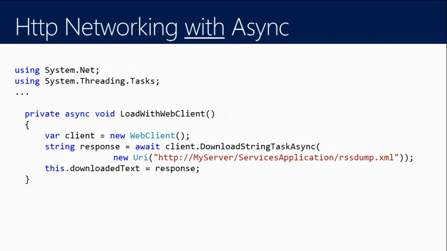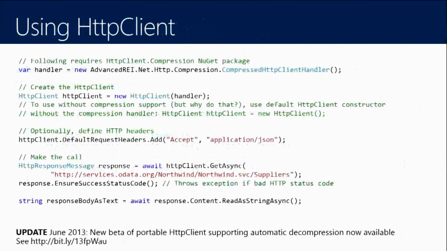So there are no event handlers firing on background threads. None of this Dispatcher.BeginInvoke stuff that you were maybe used to using in order to ensure that some code that might be executing on a background thread actually gets executed back on the UI thread. So nice and clean, very simple. It's a much, much nicer way of doing this kind of app development.